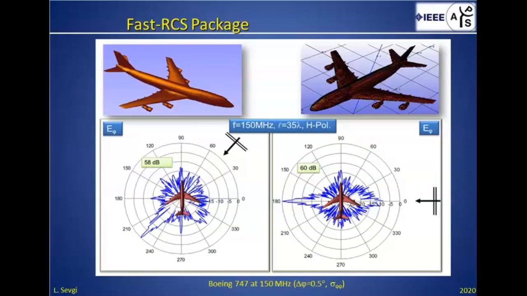You can change frequency, you can change angle of illumination, you can change the target, and get these results. So these results are very important in training both RCS radar engineers as well as the pilots, the aircraft fighter pilots. Next slide, please.